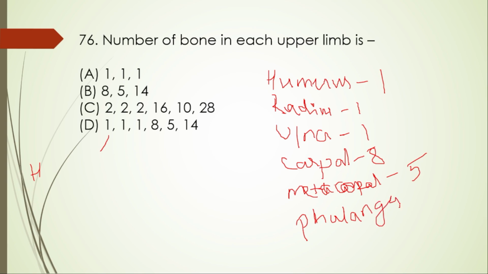Phalanges, how many? 14. So adding these together we get how much? 30. Last question was that, no? 30. So here the right option is option D.